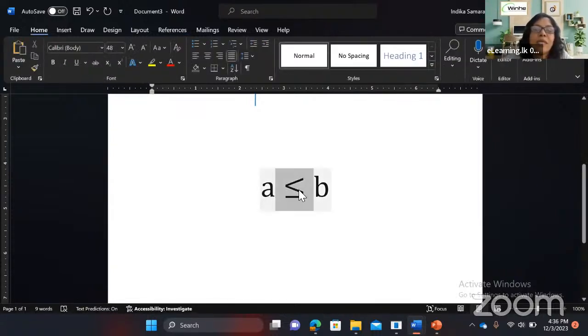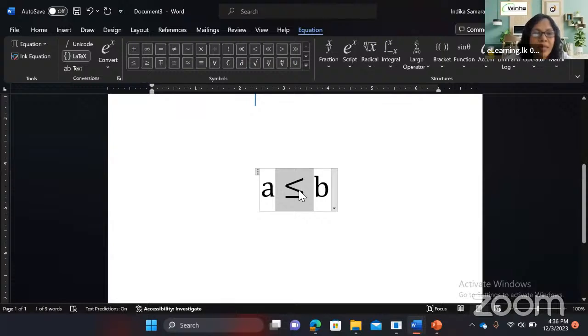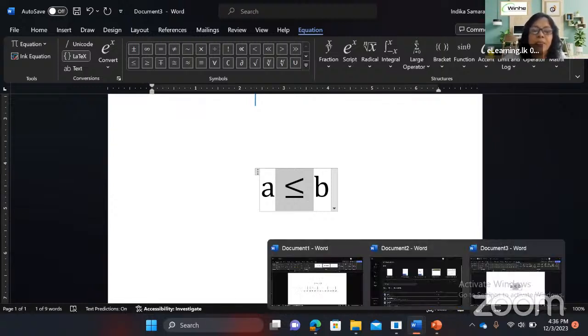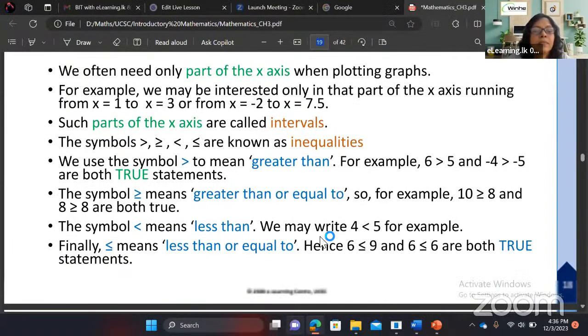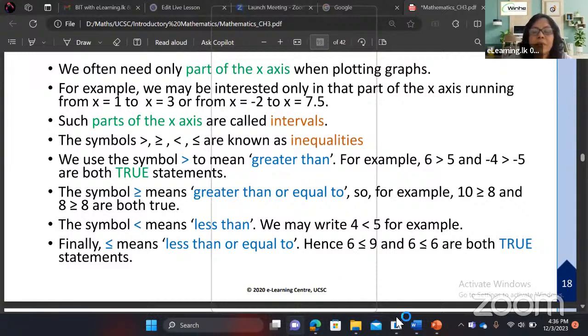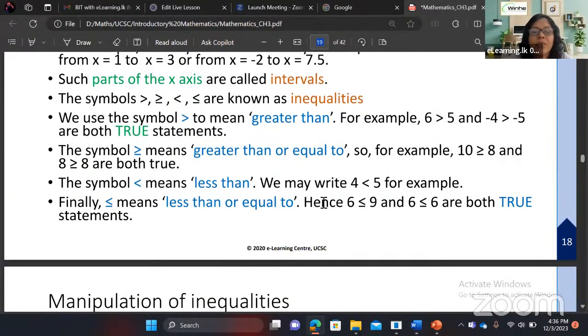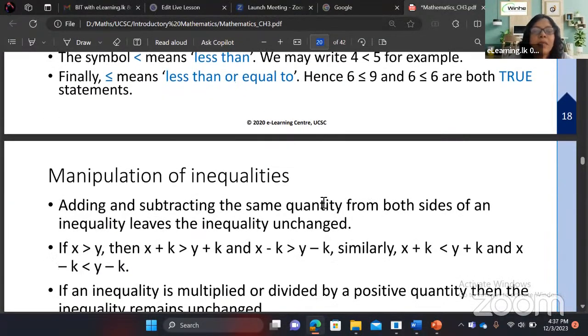So keep in mind that when you are using inequalities, there can be many values belonging to A. Here you can see each symbol. The inequality signs are less than, greater than, less than or equal, greater than or equal. You can write any of these signs, right?